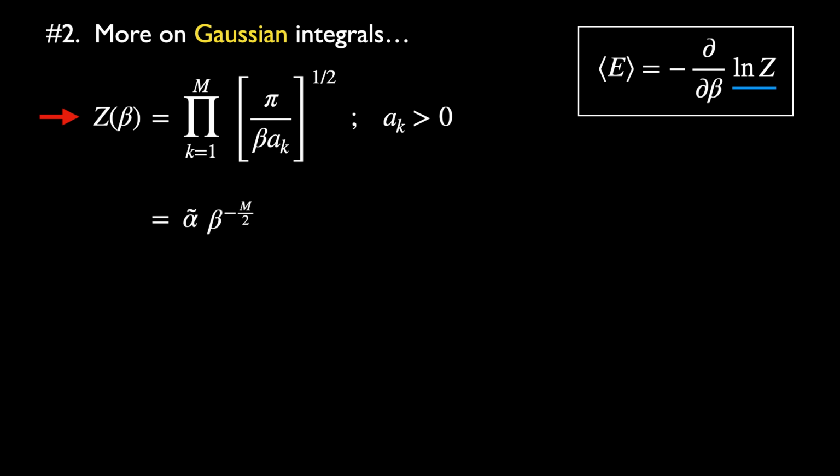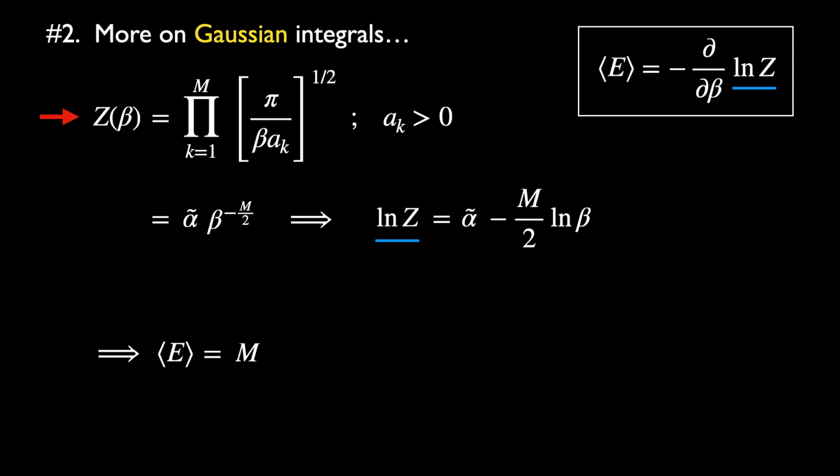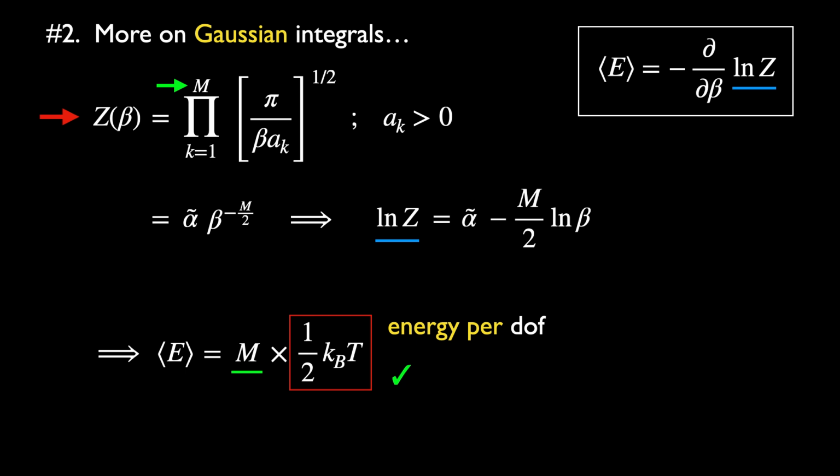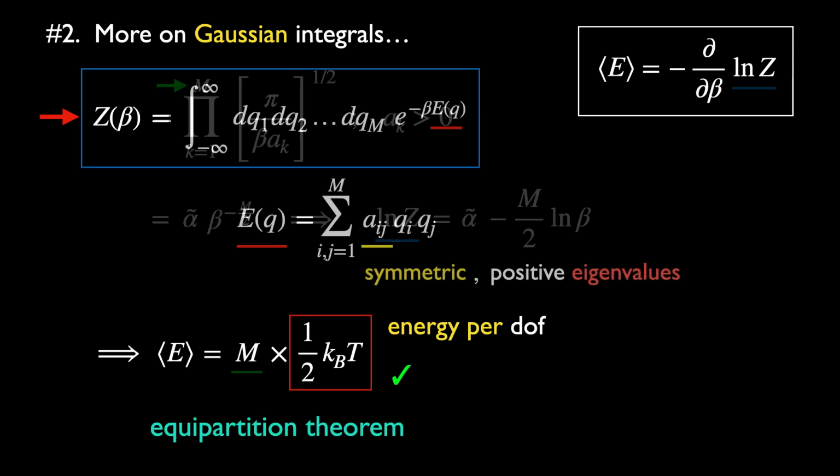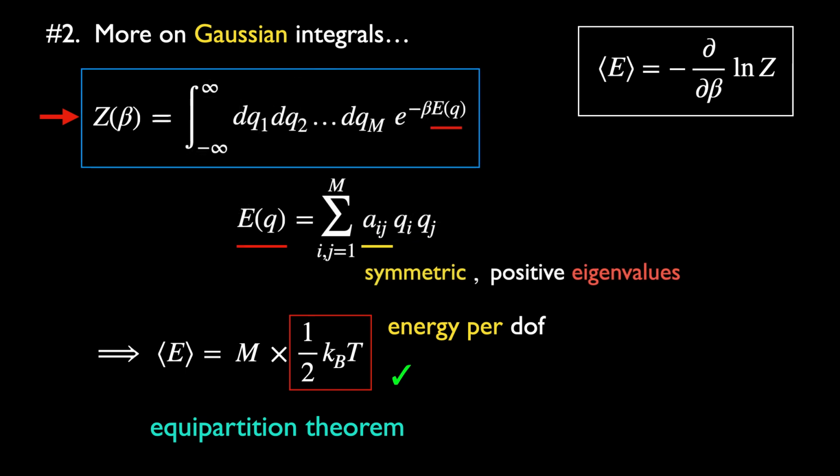All the variables that are not dependent on beta are collected into the parameter tilde alpha, which we can ignore. Using the equation above, we can see that each quadratic degree of freedom carries the same energy on average, half k_B T. This is the equipartition theorem. In this exercise, we have shown that this theorem applies even when the energy of the system takes a more general quadratic form.